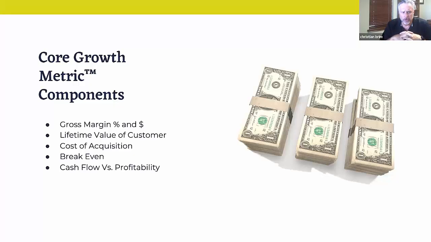So gross margin, both the percentage and the dollar, are computed by taking your direct costs of delivering that service or delivering that product to your customer. So if you're in a product business, obviously the cost of that product, the inventory, that's going to be there most of the time. There's a labor component. If you're in a service business, then that's probably all that's in there.